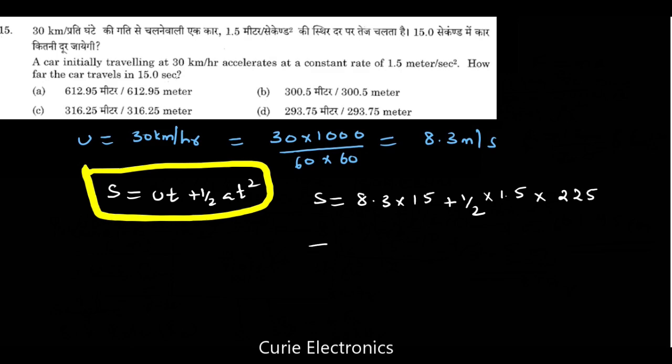If you simplify this, you should get 293.75. I am not solving it completely to save some time, this you can solve, it's arithmetic. So option D is the right answer.